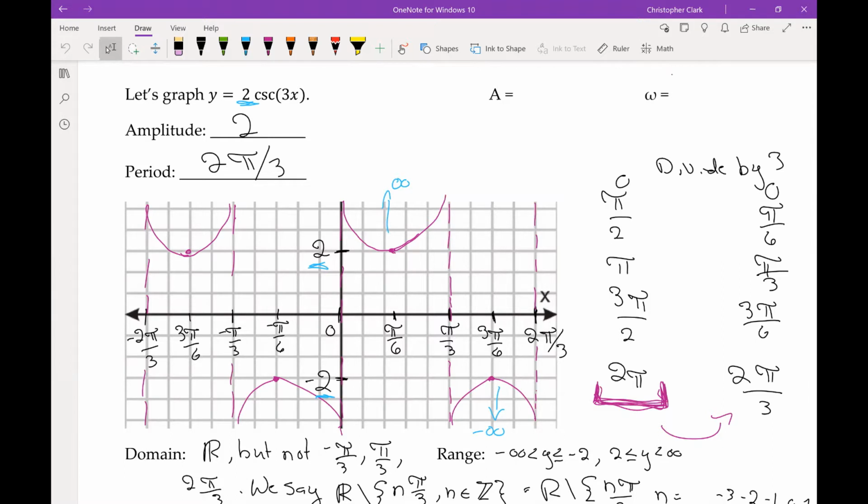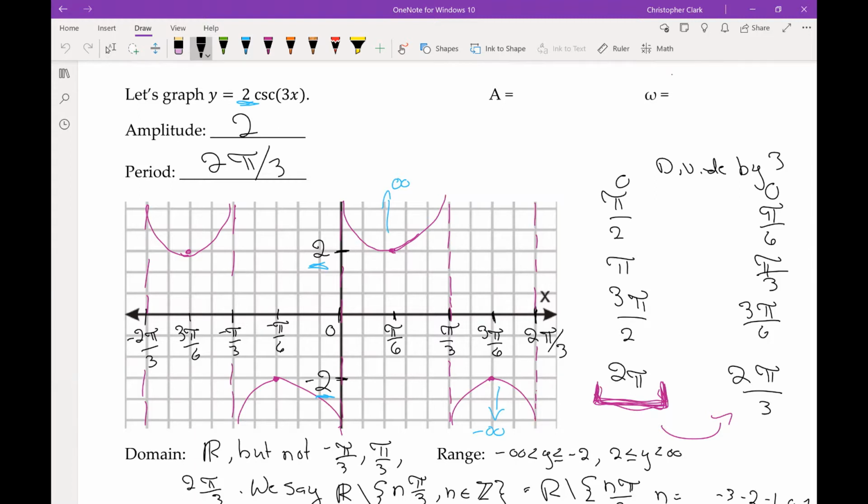cosine of 3x. Now I noticed when I was going back through comparing this worksheet to the past worksheet, they used two different labels for the same thing, and I want to make sure that that's clear. So they have this omega, and the question is, what is omega?